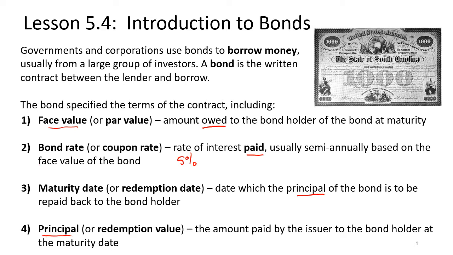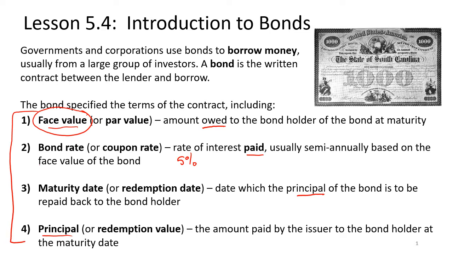The face value is the amount that's owed to you, but the principal is actually the amount paid. You can have bonds where they pay you more than that face value, or slightly more than what you paid them. The face value is typically what you paid them, and there are reasons for that. There may be additional clauses in the contract.